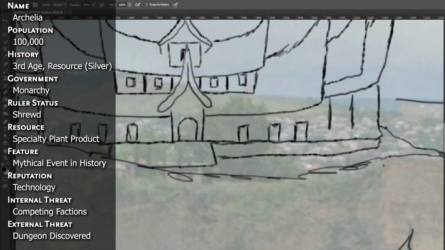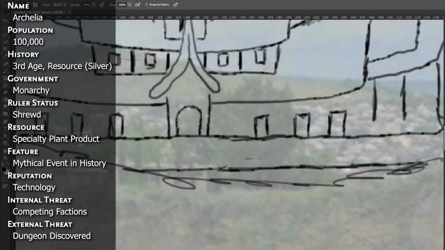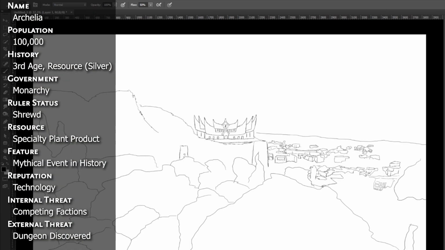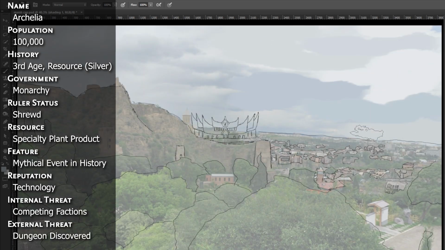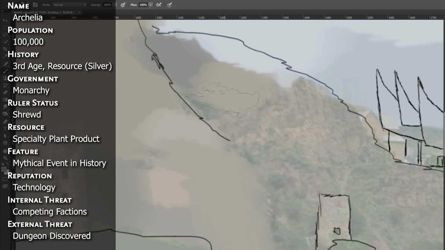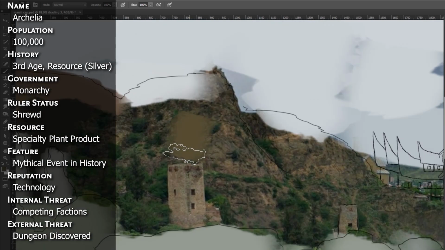Over the next 5 generations, Archelia's understanding of the Marshwood blossomed. Advancements in alchemy and botany have led to the full-scale integration of the rainforest into Archelian society. Specially grown plant products give the city not only its food and medicine, but its transportation, water, information storage, machinery, and much more.